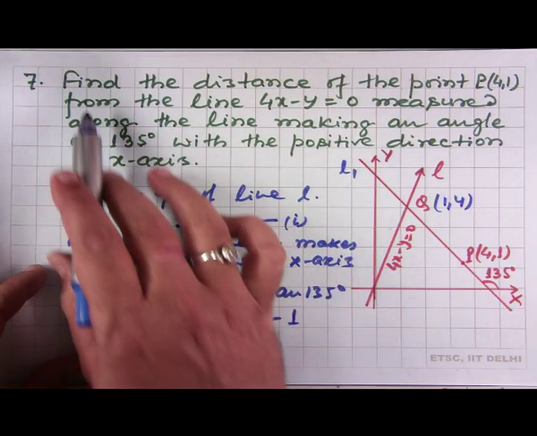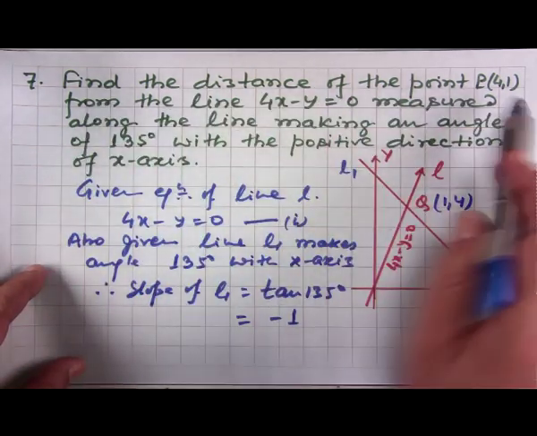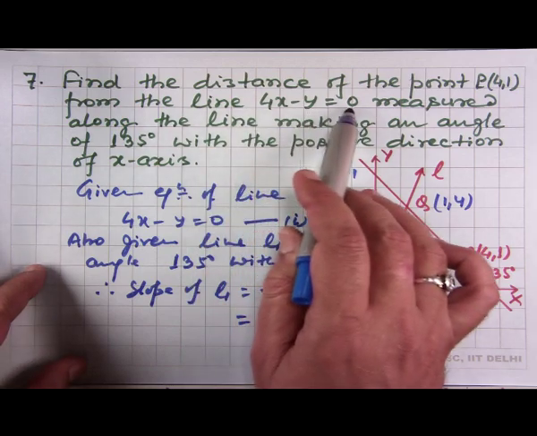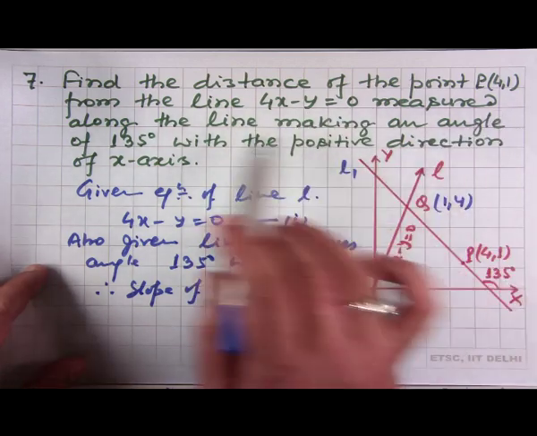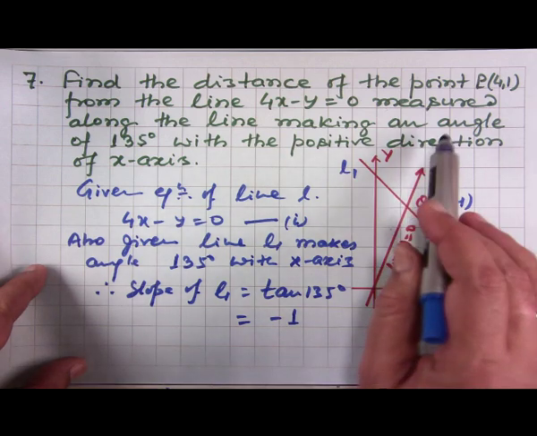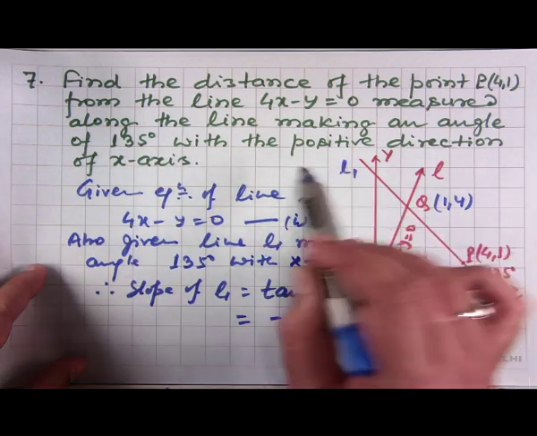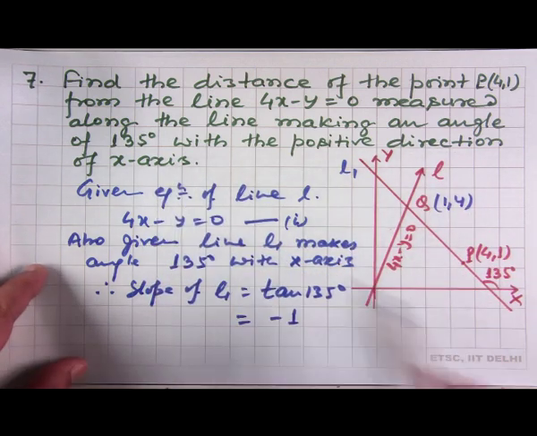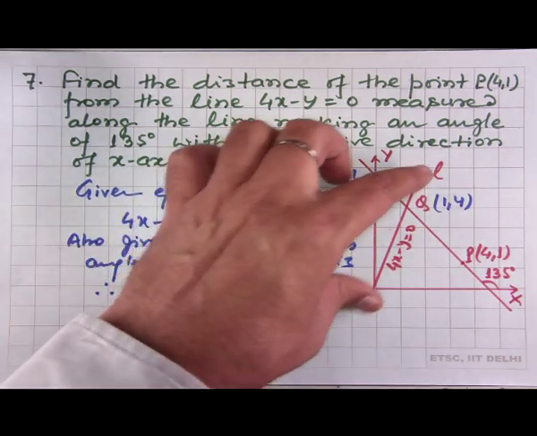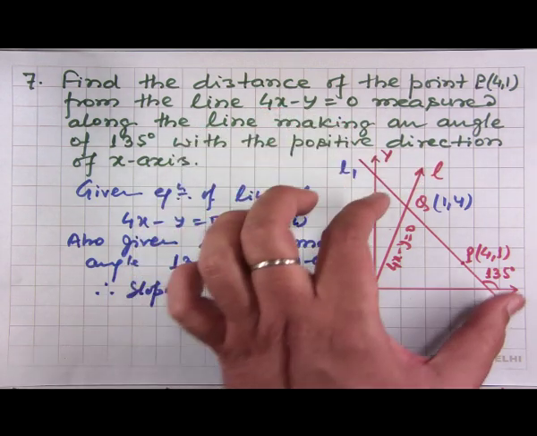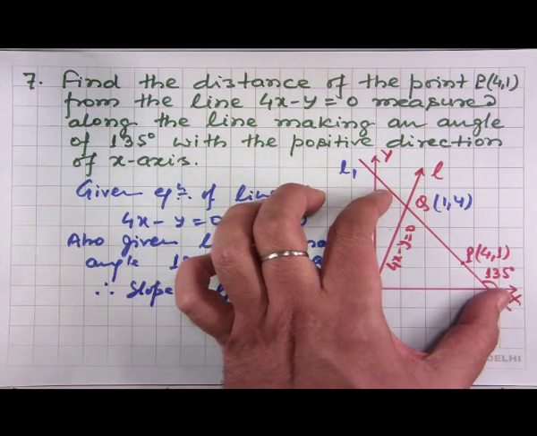Now, the question is to find the distance of point P(4, 1) from the line 4x minus y equal to 0 measured along the line making an angle 135 degrees with the positive direction of x-axis. Means we have to find the distance of this line along this line.